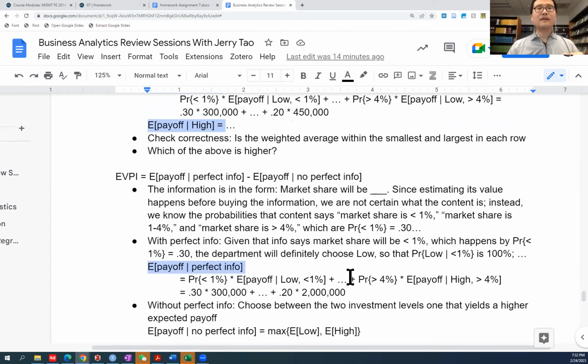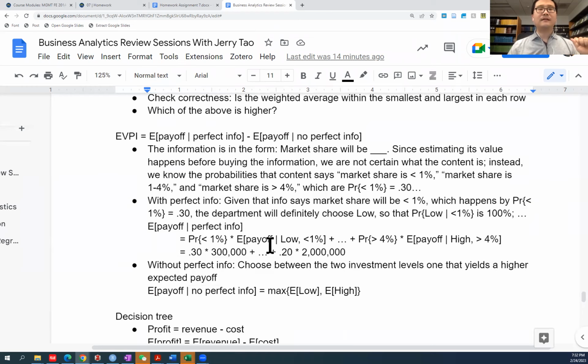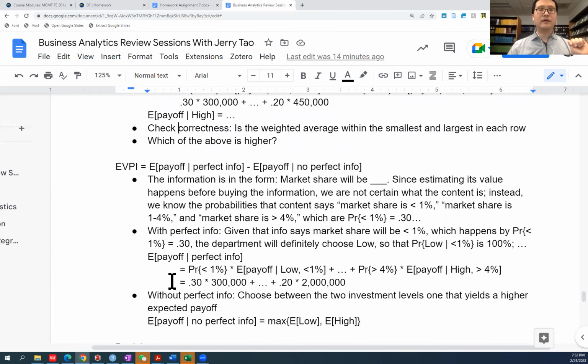In part C, we already know that we would choose either low or high, depending on which gives us a higher expected payoff. Then we carry it downward in part D and compare the conclusion in part C with this calculation in part D. Then we would take the difference. So we know that the expected value of information is simply the expected payoff given the information minus the expected payoff without the information.